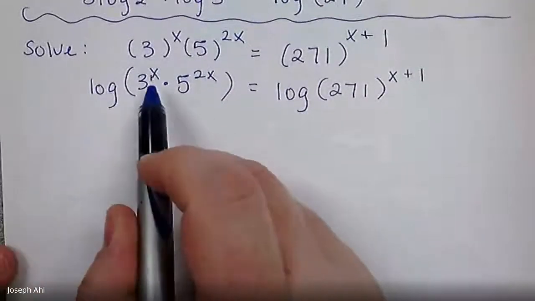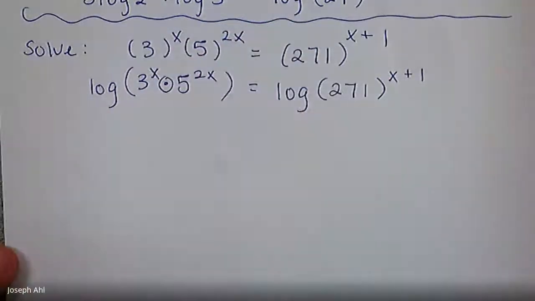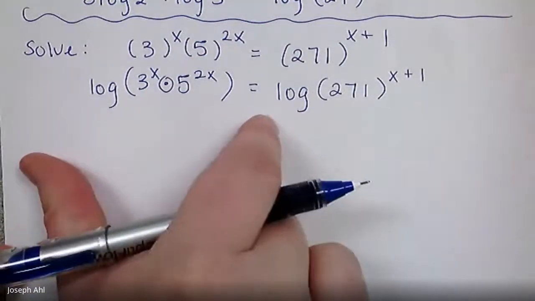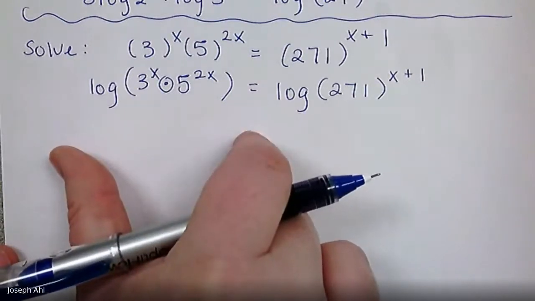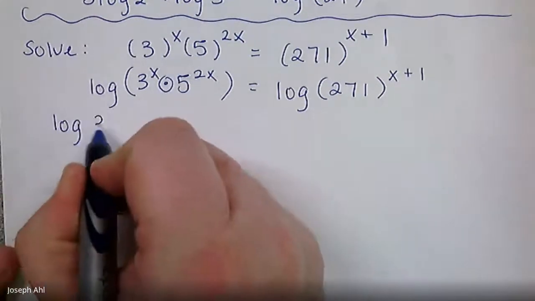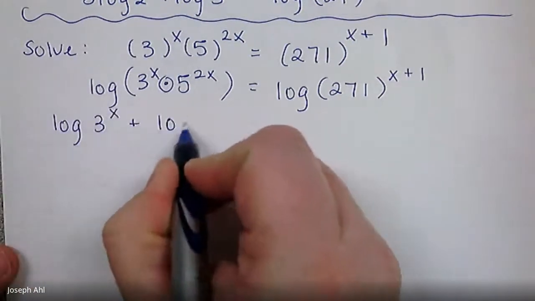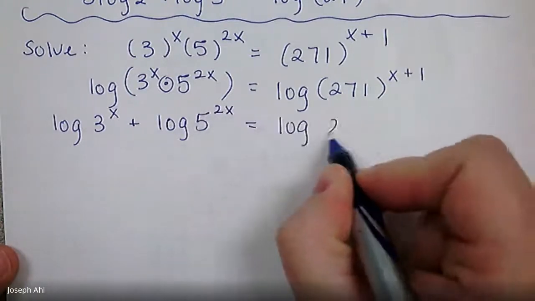On this side, not only do the exponents come to the front, but we have multiplication happening. And when I expand multiplication, we know it expands to addition. So just to kind of remind you of that step, this is the same thing as log of 3 to the x plus log of 5 to the 2x. Okay, and this is what we have on this side.